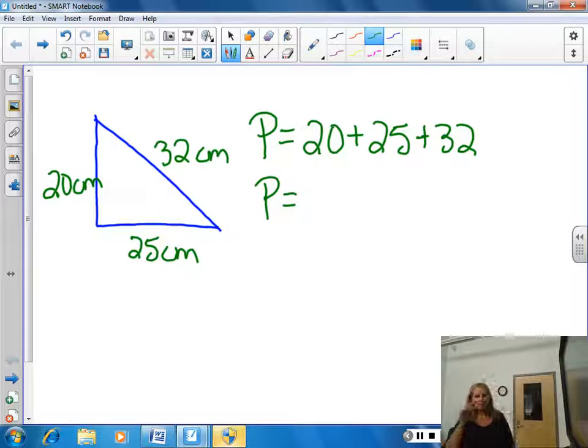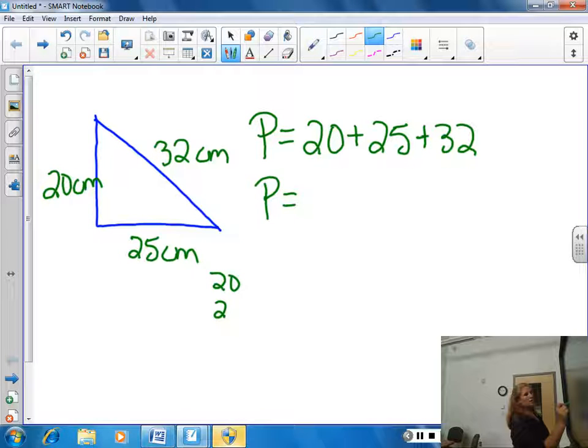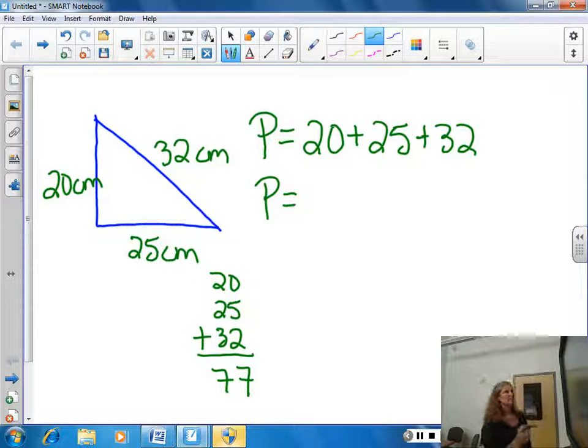You can add them up in a row, or in your head, however you want to do. If you can't do it in your head, rewrite the problem vertically. I wrote it horizontally, which is harder to do in your head, but as long as you write it vertically, you should be fine. And that gives me 77.